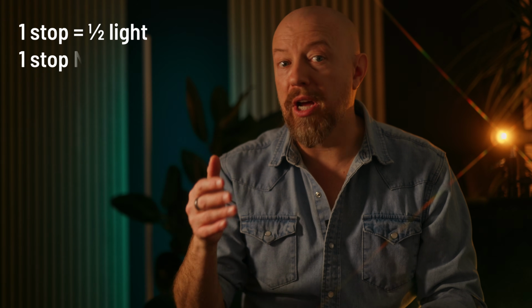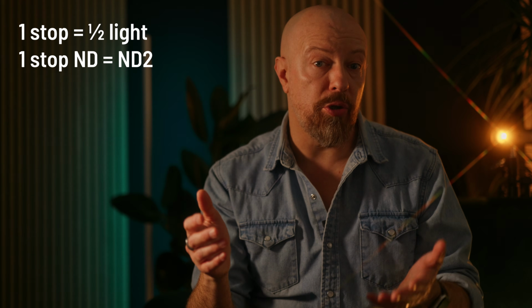And finally, for a little more education, while the reduction of light an ND filter provides is measured in stops, the rating of an ND filter is marked in an ND number, which is actually the bottom part of the fraction of light transmission. A 1-stop reduction in light is 1/2 the light, so 1/2. A 1-stop ND filter is an ND2.